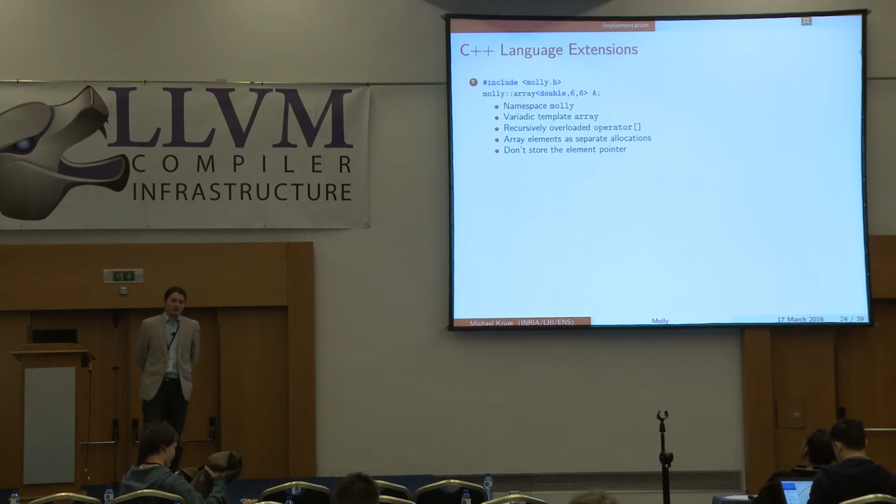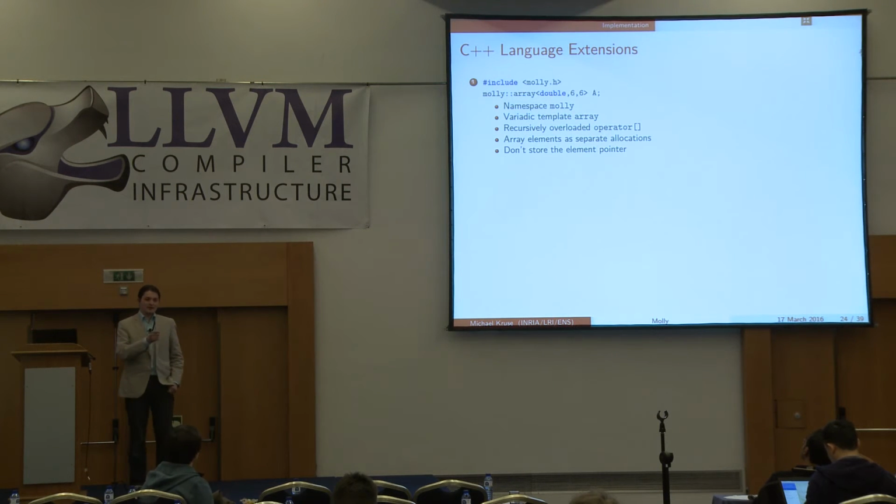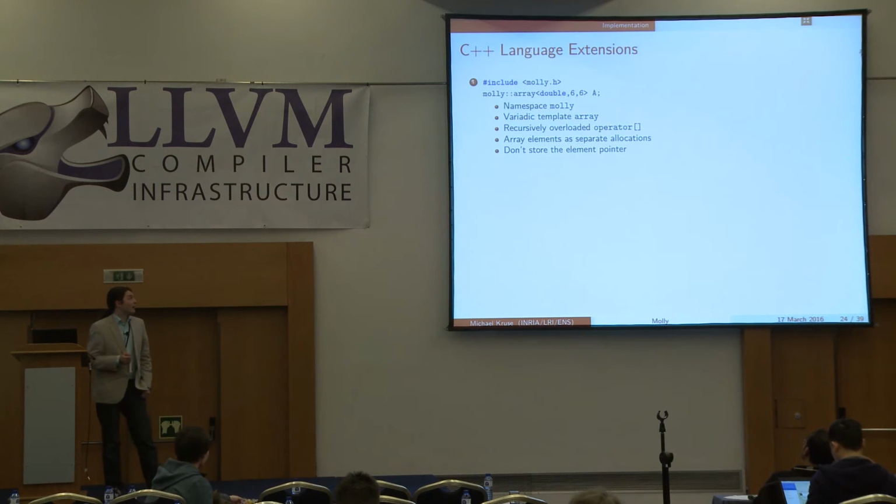In contrast to normal array declarations, it does not allow getting the next element by just increasing a pointer value. This would be disallowed, so you can treat array elements as separate allocations.